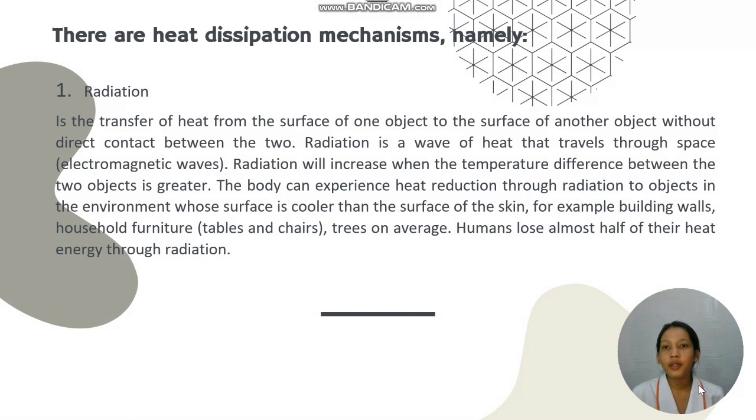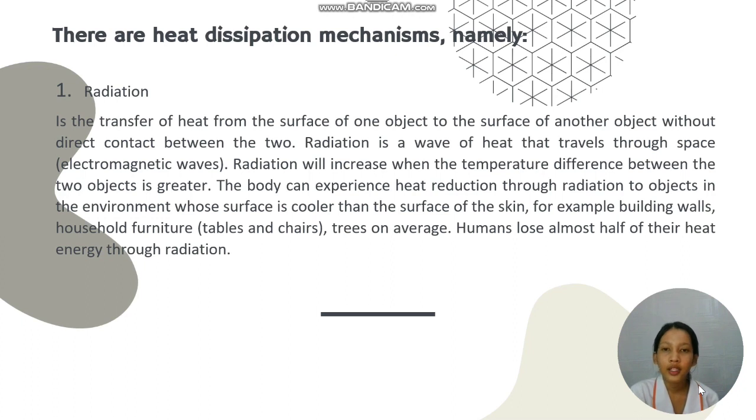There are heat dissipation mechanisms. First is radiation, which is the transfer of heat from the surface of one object to the surface of another object without direct contact between the two. Radiation is a wave of heat that travels through space as electromagnetic waves. Radiation will increase when the temperature difference between the two objects is greater.